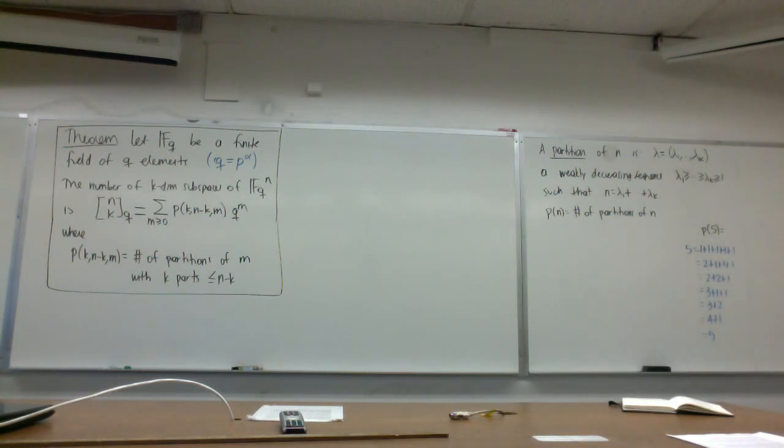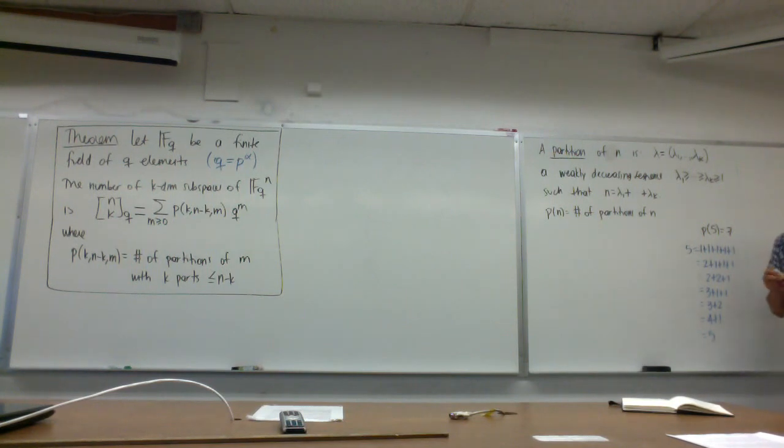Did I miss any? I think I didn't. But you see that this is like compositions, except that in compositions, this was considered to be different from 1 plus 3 plus 1. Here they're considered to be the same. Okay. So P of 5 is 7. There's 7 ways of doing it.